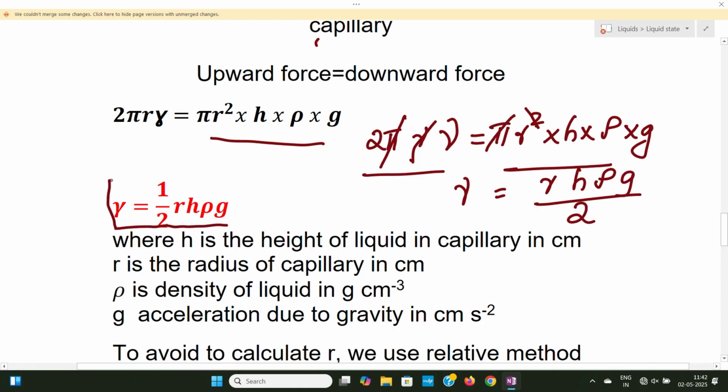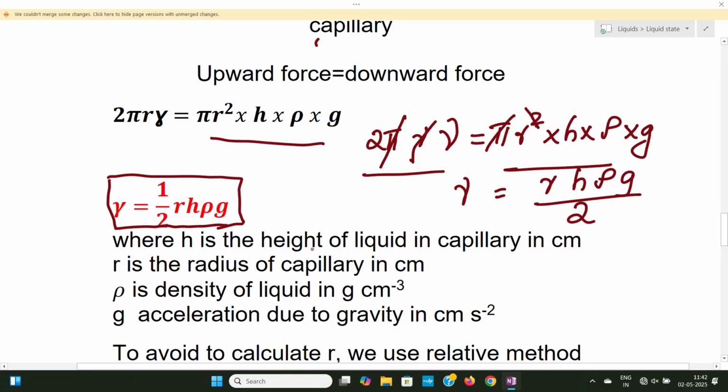This is the surface tension, where h is the height of the liquid in the capillary in centimeter, r is the radius of the capillary in centimeter, rho is the density of the liquid in gram per centimeter cube, and g is the acceleration due to gravity in centimeter per second square. So this is about the determination of surface tension by the capillary rise method.